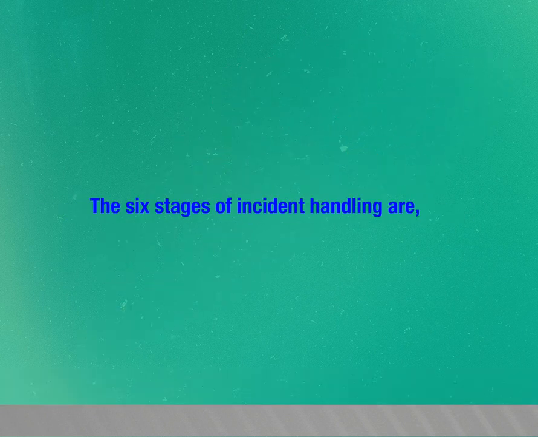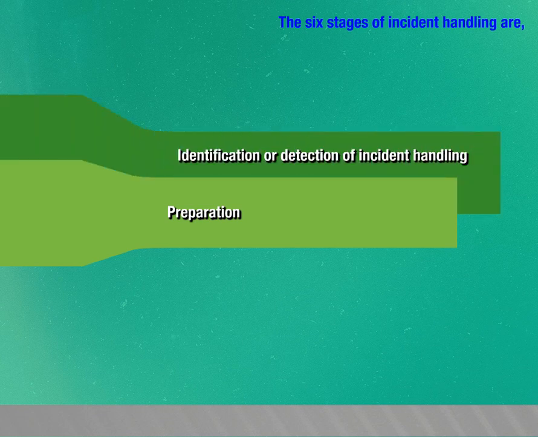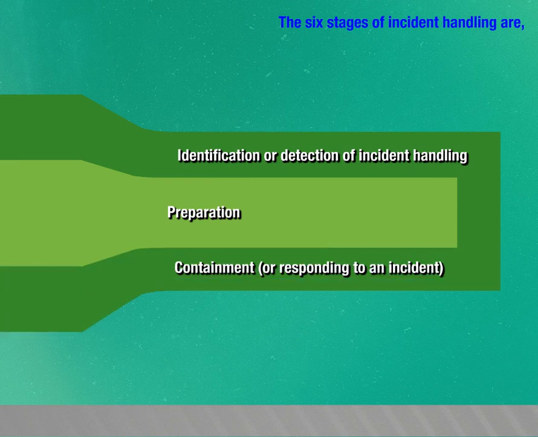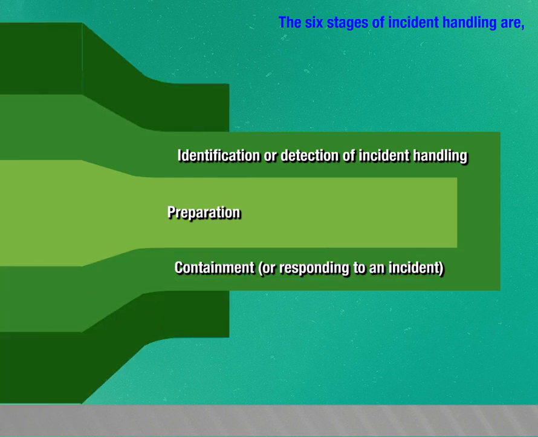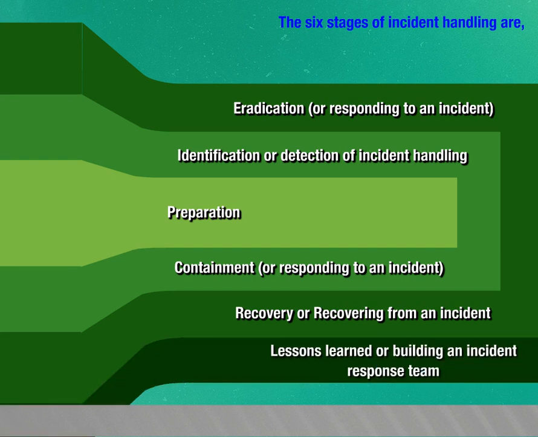The 6 stages of incident handling are: preparation, identification or detection of an incident, containment or responding to an incident, eradication, recovery or recovering from an incident, and lessons learned.